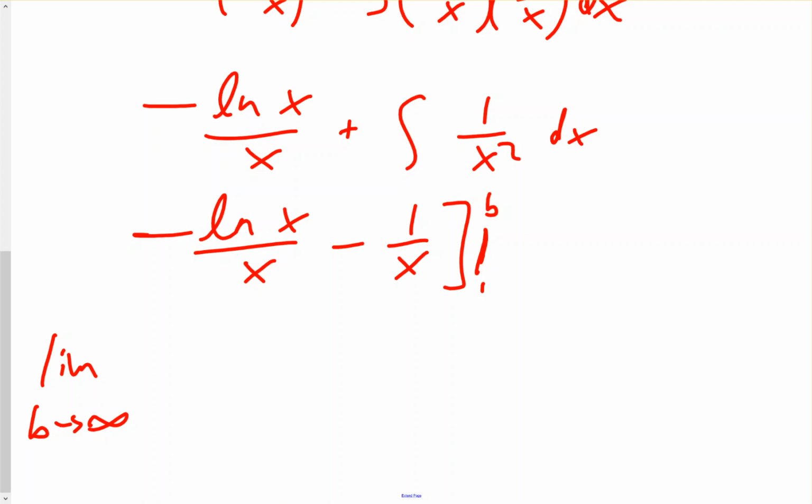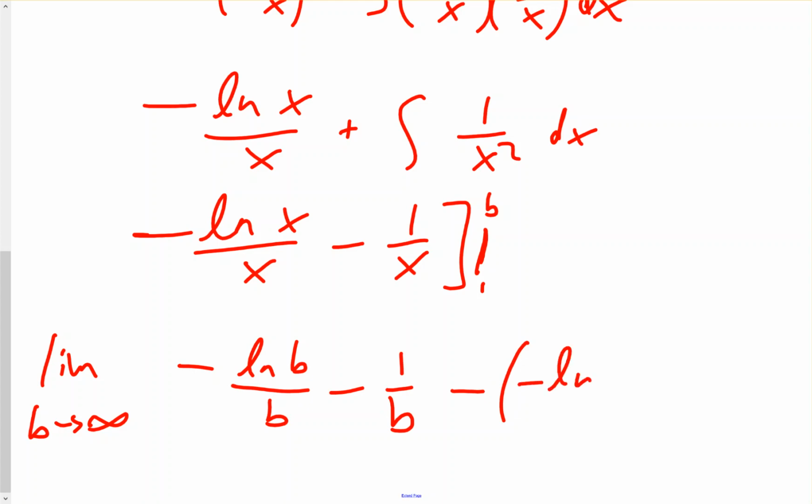So now evaluate like normal, plug in the b, so we have negative ln b over b minus 1 over b, minus, and then we have negative ln 1 over 1 minus 1 over 1.